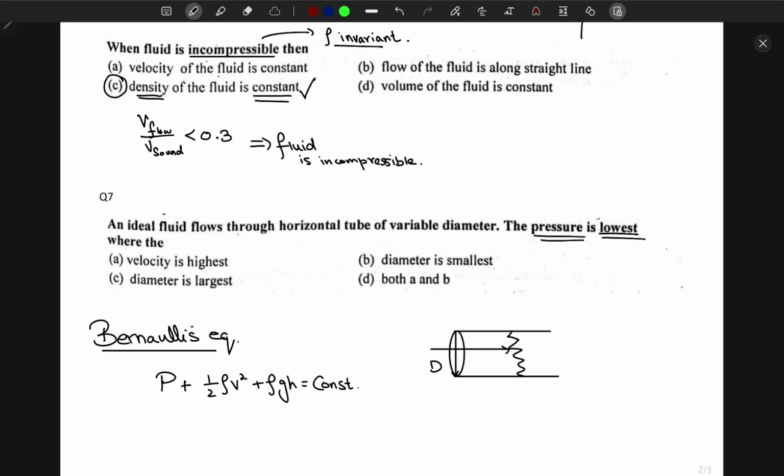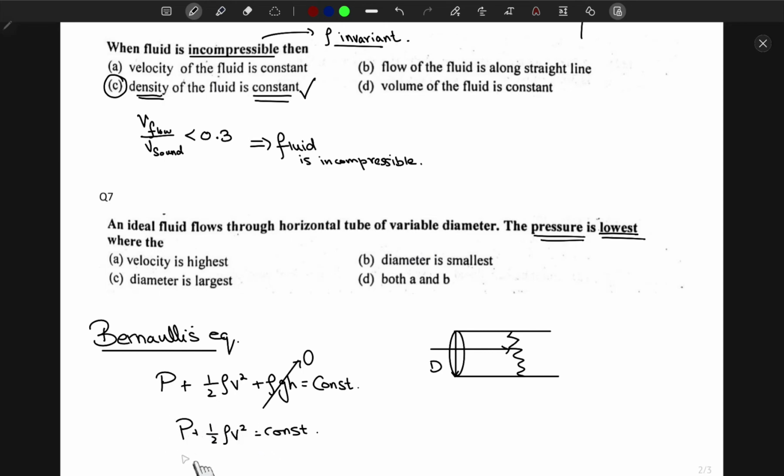Now in our case, the height is constant. So basically there will be no change in height. So this term, the change in pressure from here would be 0. So we are left with P plus 1 by 2 rho V squared, which is a constant.